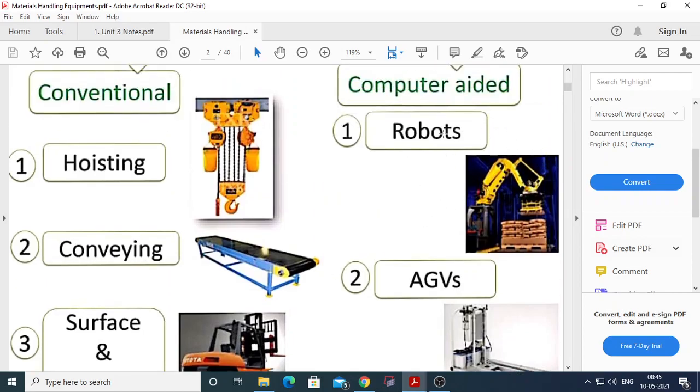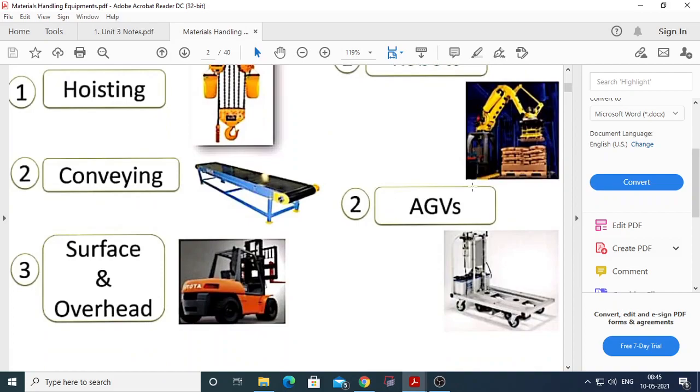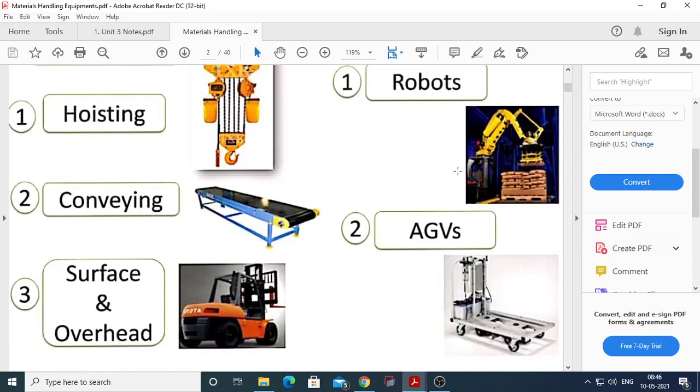Here are the robots and the AGVs system. This is an automation system, an automatic system. We can give the command, and different types of robots are used, like pick and place robots. We give the timing, and there is a restriction on the area. They move in this area only to move the load.